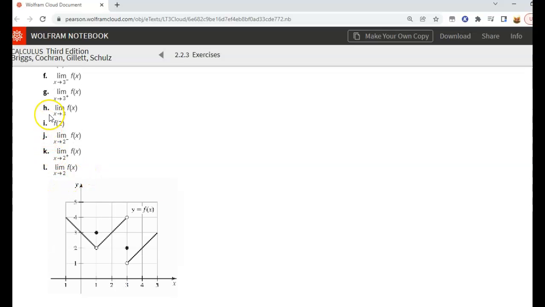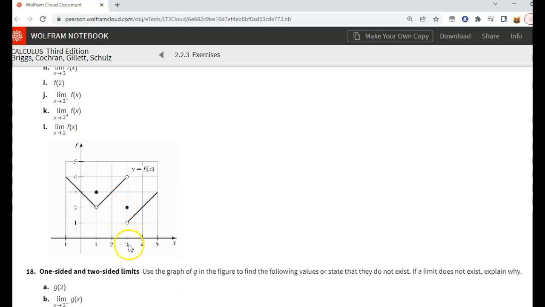Now, problem H here asks about the limit as x approaches 3. So here we are on the x-axis at 3. If we look at the left side, the graph's approaching 4. If we look from the right side, the graph's approaching 1.